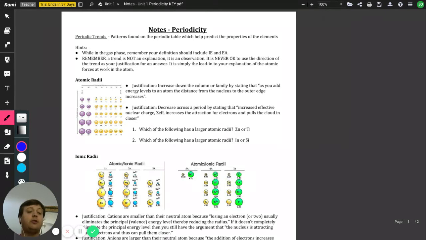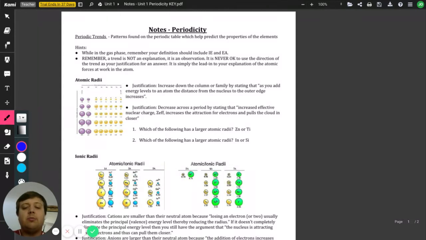Like moving from left to right, you could say something like an increase in your effective nuclear charge, but you can't say that's changing because I'm moving from left to right across the periodic table. So you shouldn't be talking about the direction you're moving when you're justifying what's going on. Okay, all right, so let's go ahead and dive on into this.